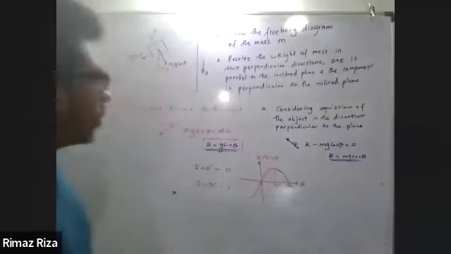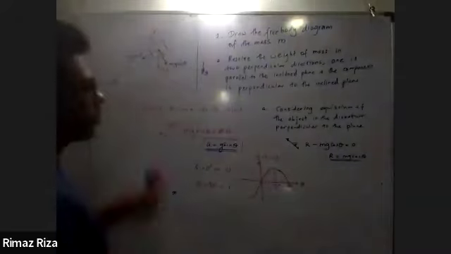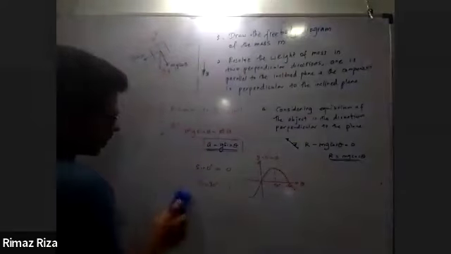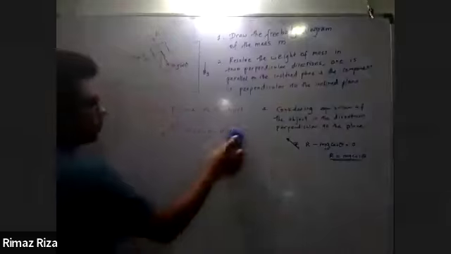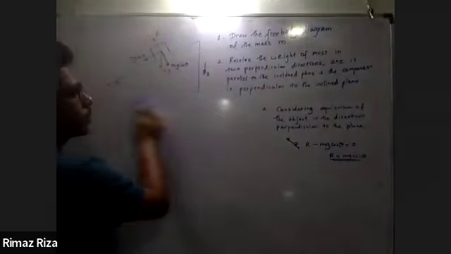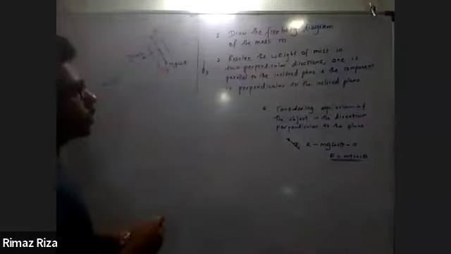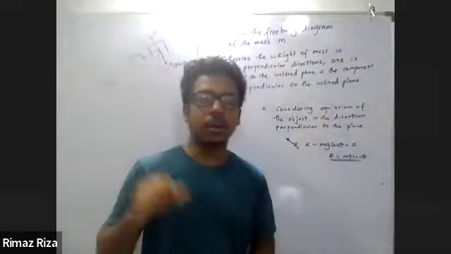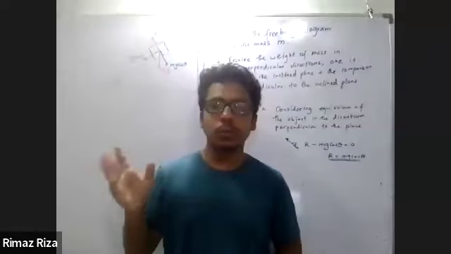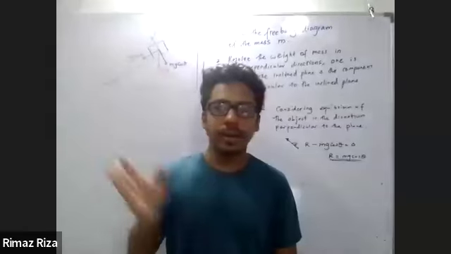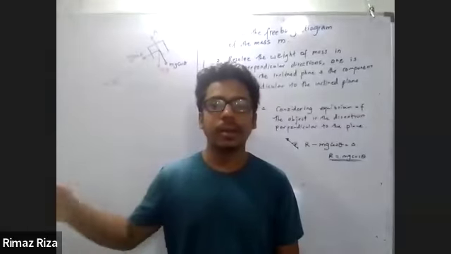Okay, so let's move on to the second question. The second case is, in the first one you wrote, an object of mass m is placed on a smooth inclined plane which makes angle theta with the horizontal.